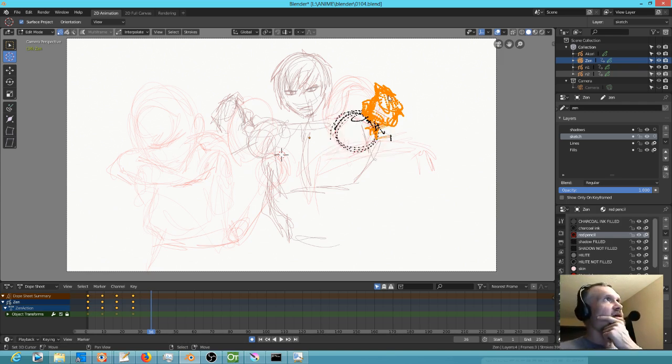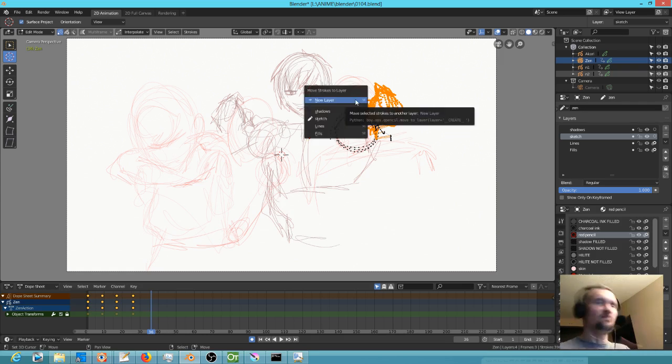Oh, wait a second. I just bumped into a whole new problem. Interesting. Okay, it never occurred to me that I'd bump into this one. So now what I'm thinking is I just want to move the hand into Ninja 2's grease pencil object. But when you hit the M key to move, you can only move to another layer inside that one.